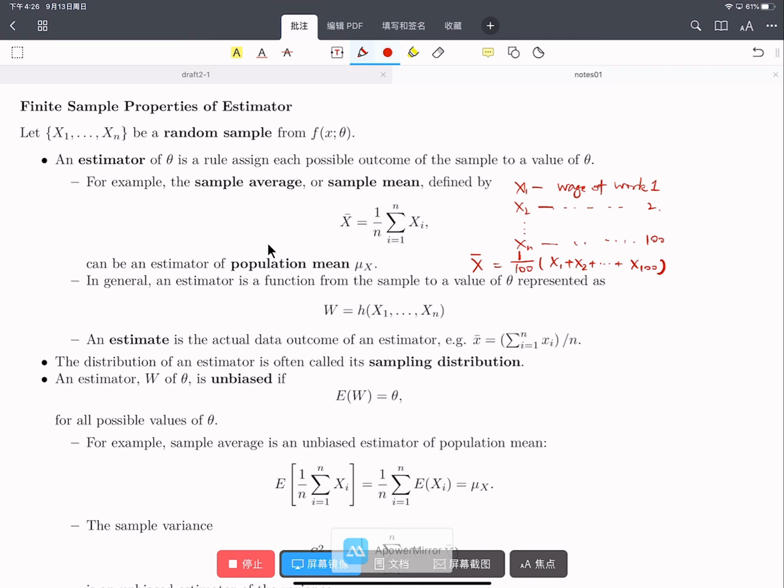So an estimator is a function. But the estimate is the actual outcome of an estimator.